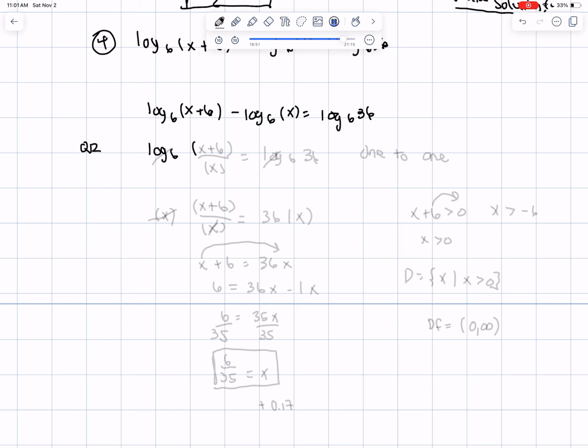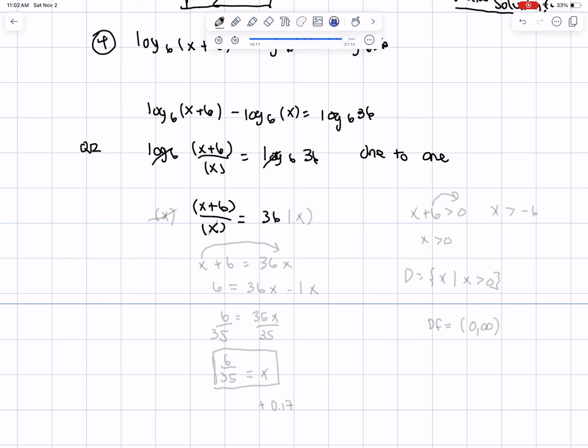Combine the logs. And then we use our one-to-one property across all our logs. So you notice this is just becoming the same pattern over and over. I think the evaluation is the easy part. It's just figuring out the domain that is the harder part.